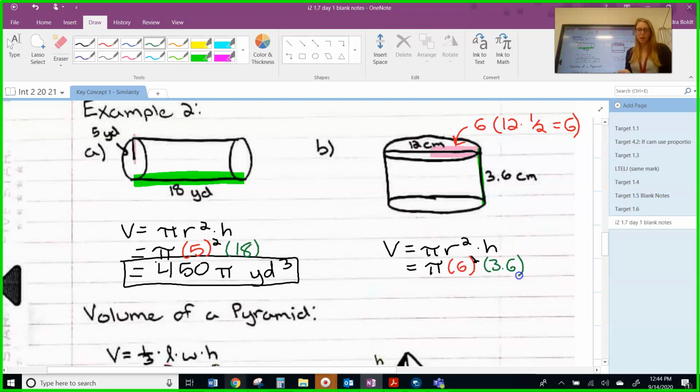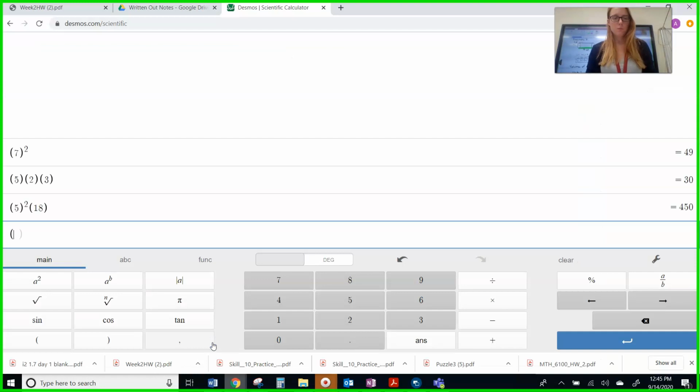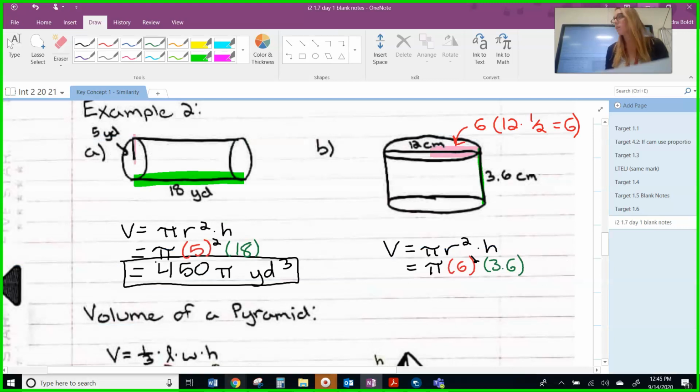So we have 6 squared times 3.6. We get 129.6.